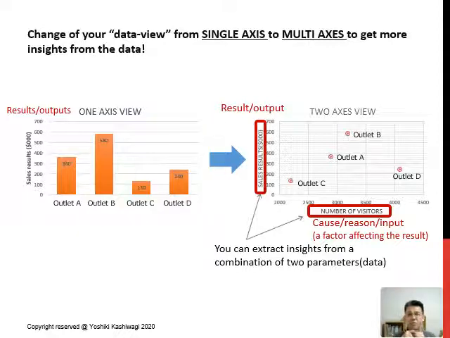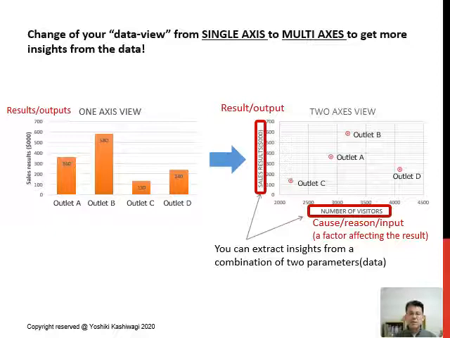Can you guess which is the result and which is a cause? It is obvious. Sales result is the result or outcome. The number of visitors is a cause of the sales result.